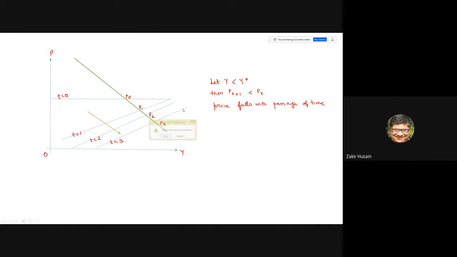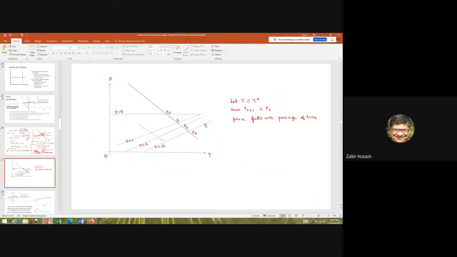Sorry, wait here. For convenience, I'm assuming this way, it will be easier for you to keep in mind. So I move like this, this line is moving down like this. So what will happen in the long run? Look at this position. Yes, sir. Then it becomes vertical.